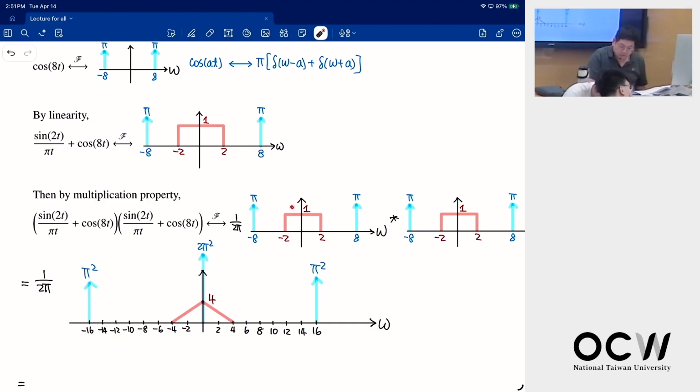And when you move this around here and here, you will also get a rectangular pulse, which is 2 pi.